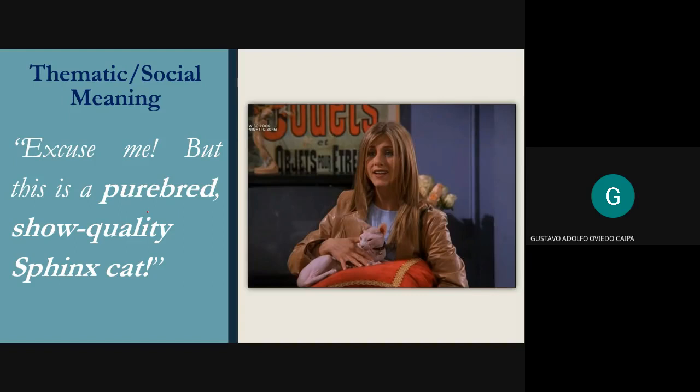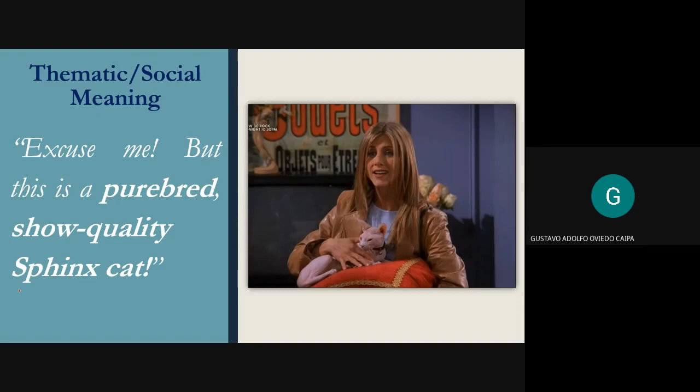The fact that she is adding so many adjectives before the actual thing means that she's trying to emphasize how important or how high quality the cat is, right? And she begins with "excuse me," bringing attention, like, this is so and so.